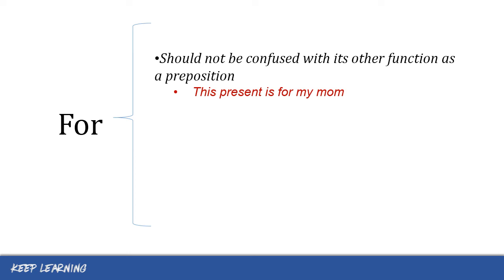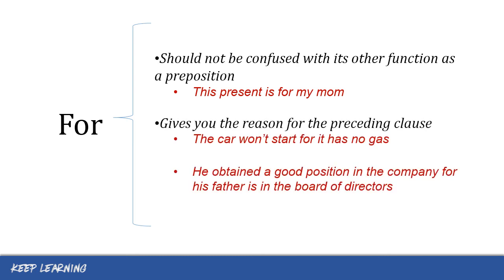For example, this present is for my mom, para mi mamá. Here what you have is a preposition, and that's not the topic here. We want to use for as a connector, and for is a connector that many people don't use today in English.